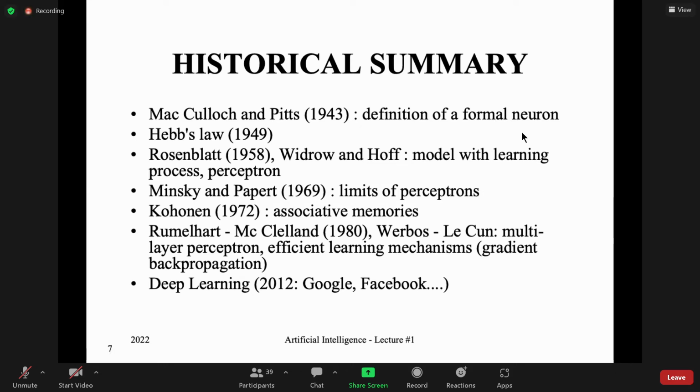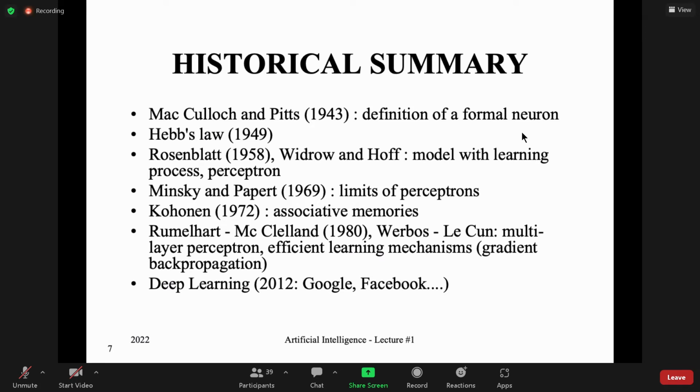So there were some problems, and during 10 years, a lot of researchers tried to find solutions. And it was only at the beginning of the 1980s that LeCun and Hopfield showed that it was possible to use perceptrons using multiple layer perceptrons.